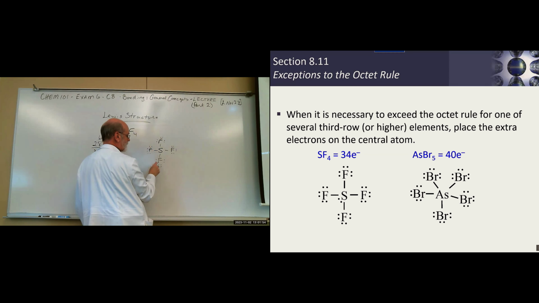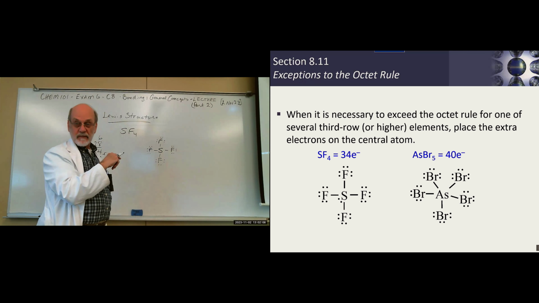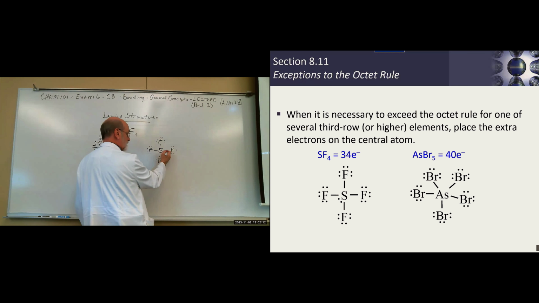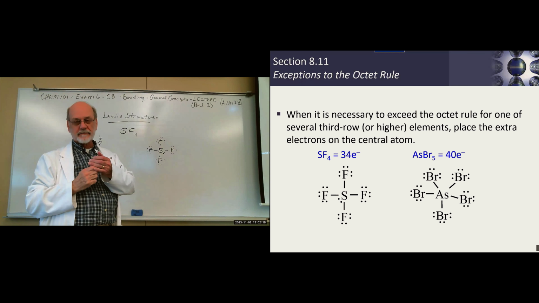Then we have 4 times 6 is 24. We got 2 electrons left over, but sulfur's already got an octet. But we got to put those electrons in there because they do exist. So now sulfur's octet exceeds the octet.